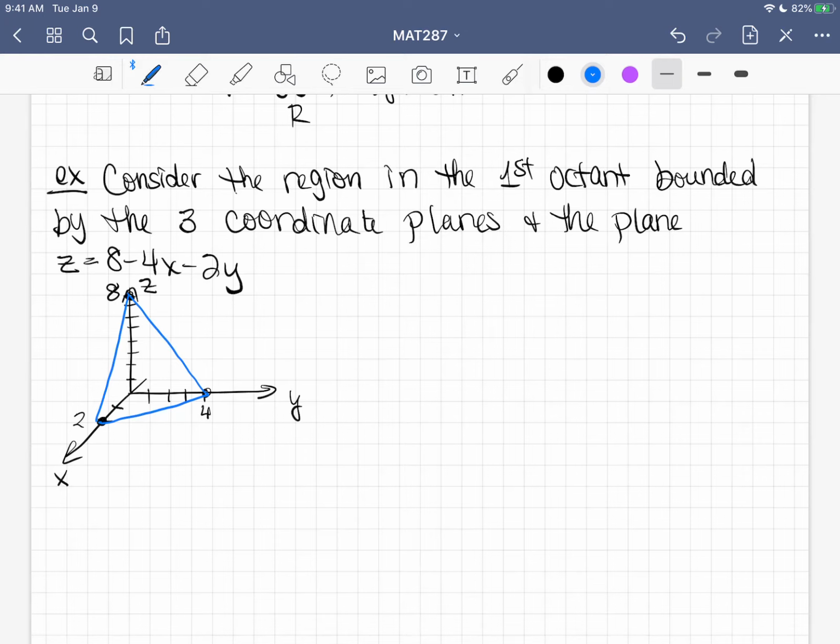Inside the blue, here's what my plane looks like in the first quadrant. All right, so how could we find the volume of this region?